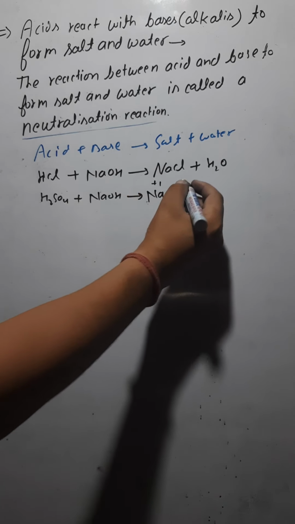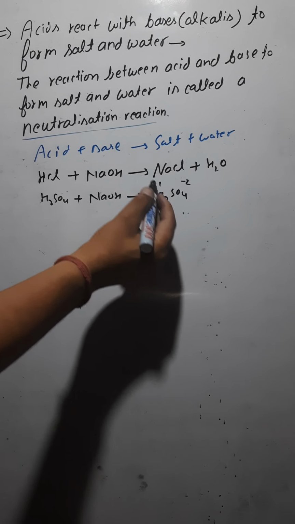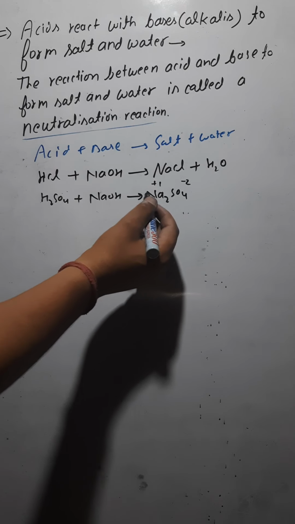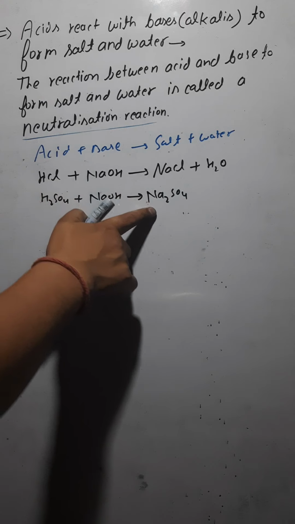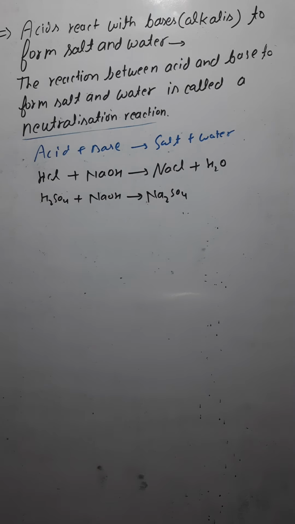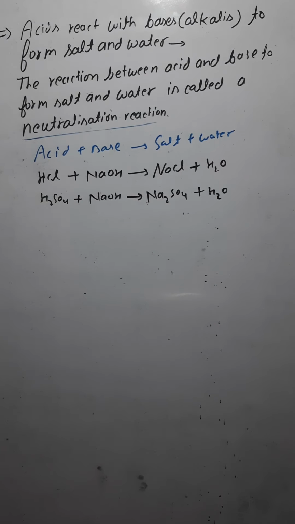Here you have +1, here you have -2, so we cross multiply: this 2 comes here, this 1 goes there. That is why we have Na2 here. So we get the salt Na2SO4, sodium sulfate, and one more, water.